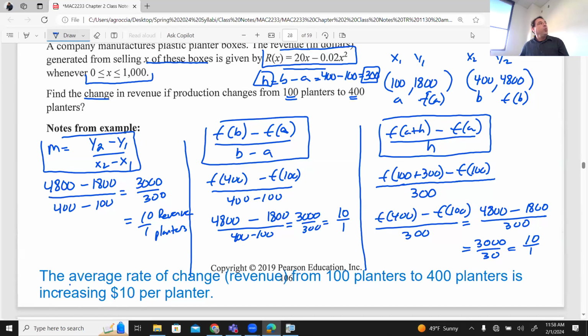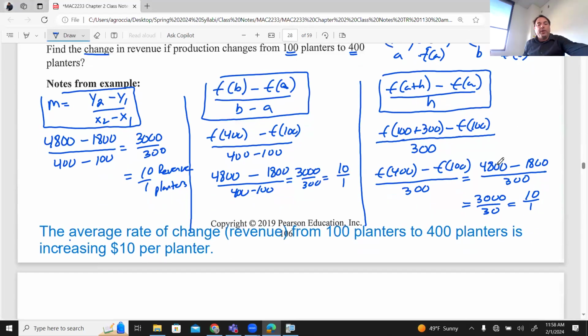So we're going from 100 to 300 later. But guess what? What is 300 later? It's still 400. It's just instead of going from 100 to 400, you're going from 100 to 300 later, which is still 400. So take a minute, look at all three. The goal is to start using the last one and understand that it's all slope.